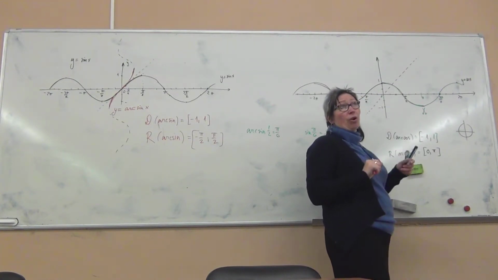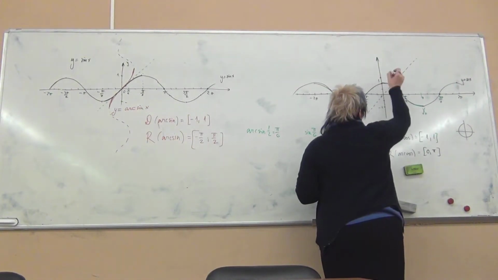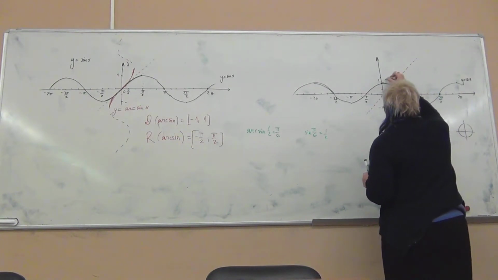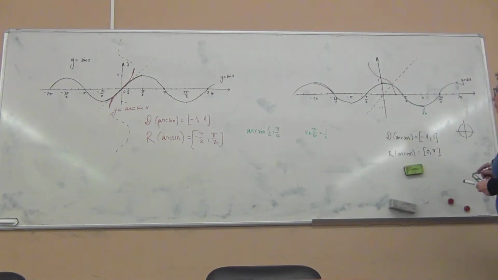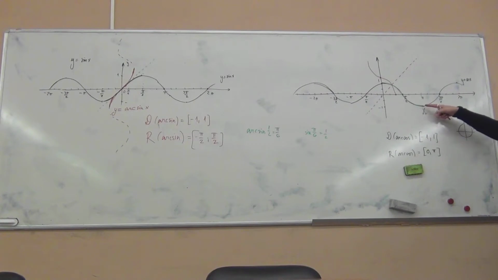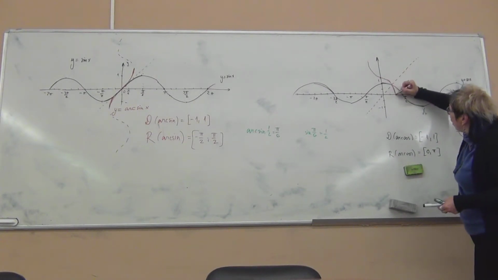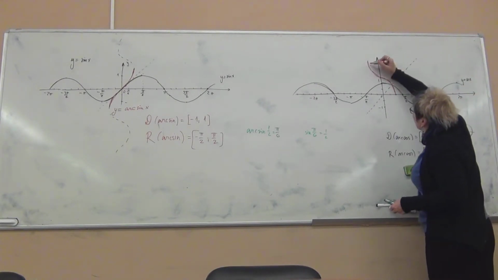It means that we need the point 0, pi half for the arc cosine function, this point. And so we would have this and this. See the symmetry, the green part of the graph and the symmetrical graph of the cosine inverse function.